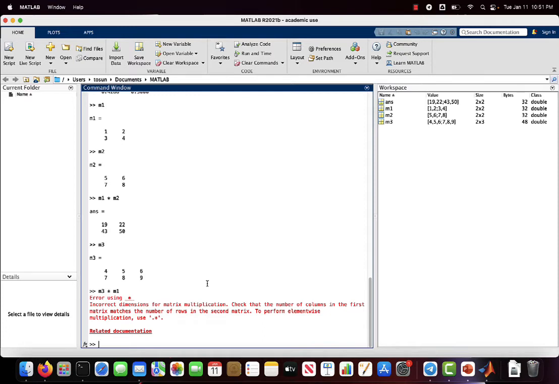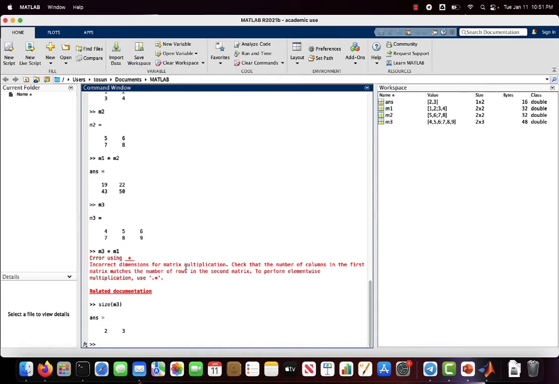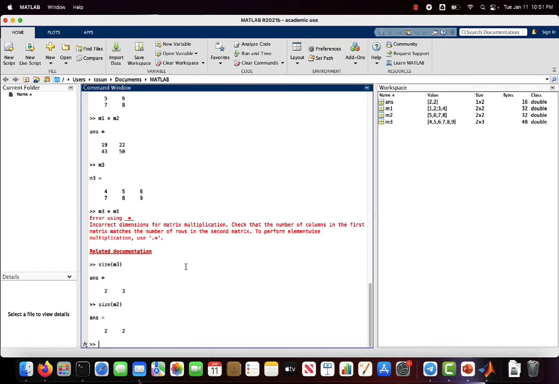This is the rule for matrix multiplication. And let's look at the sizes. The size of M3 is 2 by 3, and the size of M2 is 2 by 2. So the column count of the first matrix is 3 and the row count of the second matrix is 2. They are not the same. This is the reason for that error.